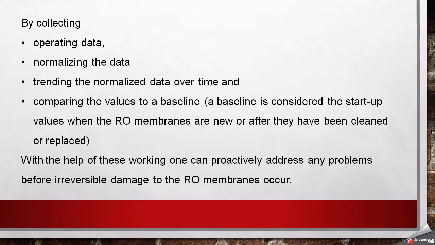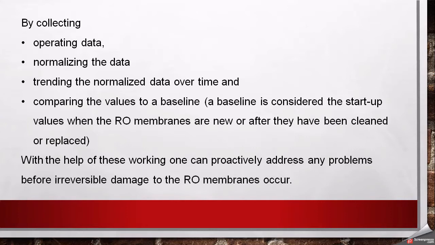Now, by collecting the data, what type of data do we need? First of all we need operating data, then we normalize the data, and then we trend the data and compare it to the baseline, that is, the values at the startup of the reverse osmosis, or after we clean or replace the membrane.